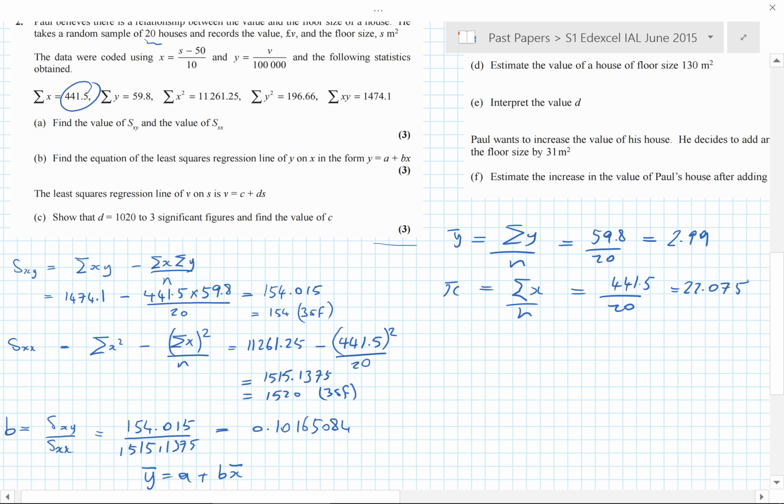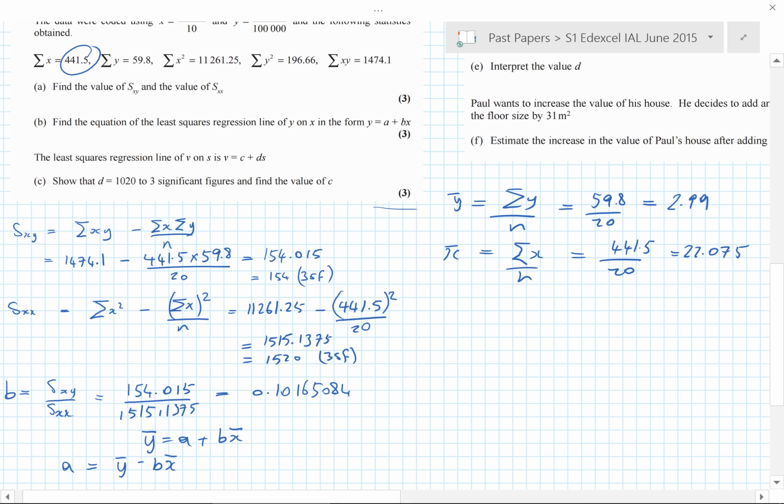Okay. Now, what we can do then is work out, using the formula, what A is, using all this, because we now know everything in this formula. We've got B here, and we've got y bar and x bar there as well. So A is equal to y bar 2.99, take away B, which is that 0.1.